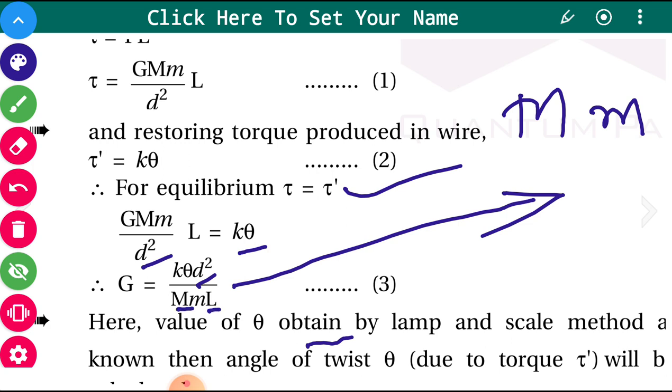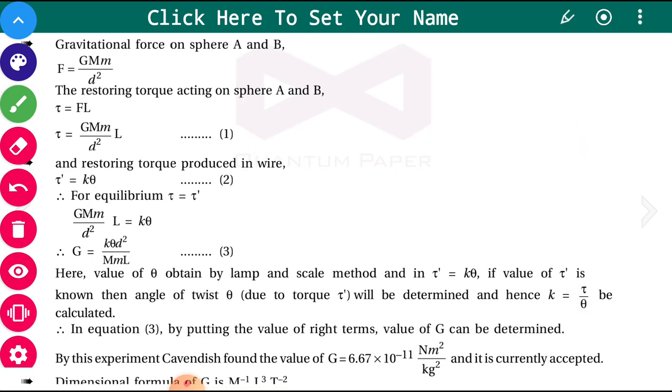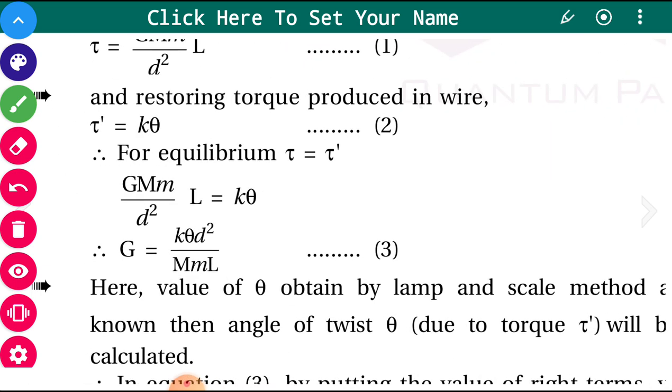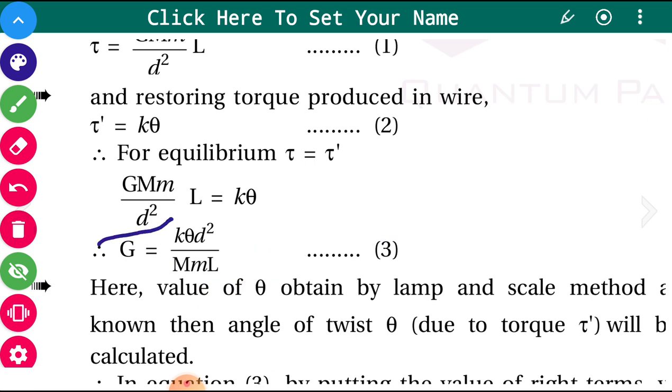L is the length of the rod. And the constant of twist, k, can be obtained by another experiment, which is not discussed here. Then the value of G can be obtained, and it is found to be 6.67 into 10 to the power minus 11.